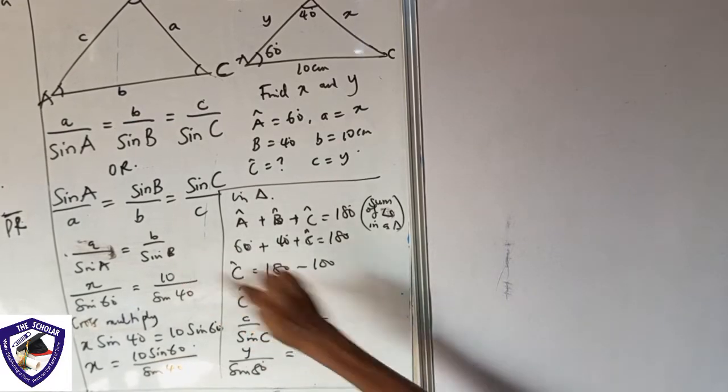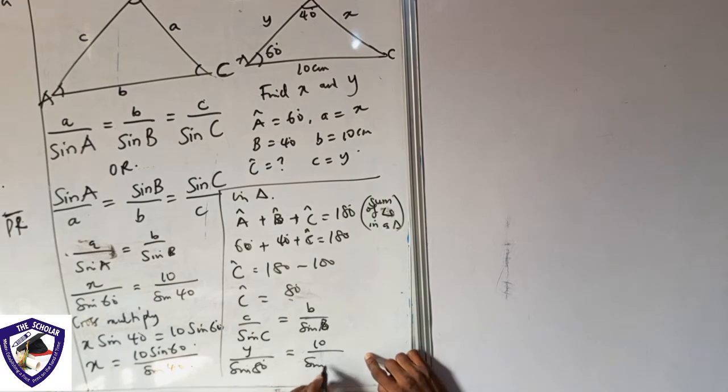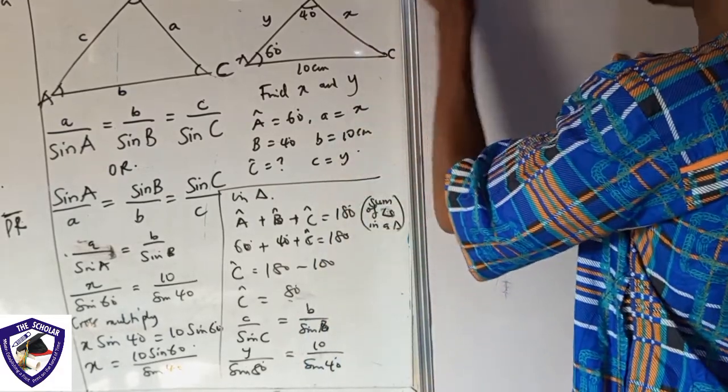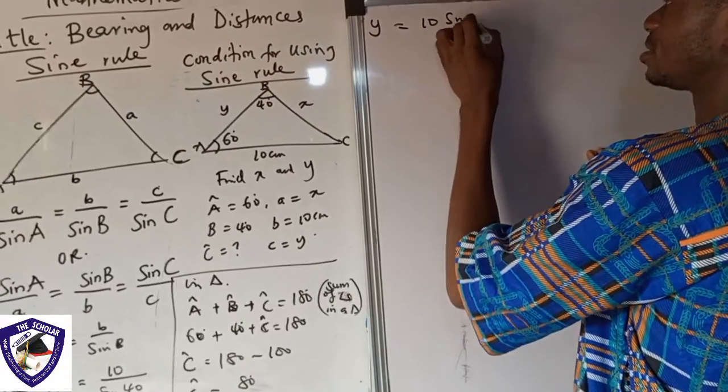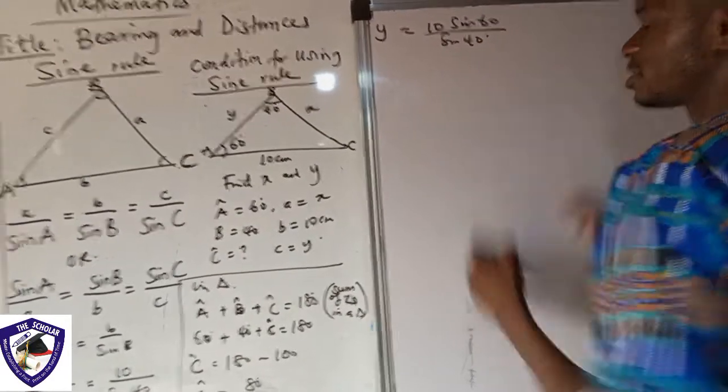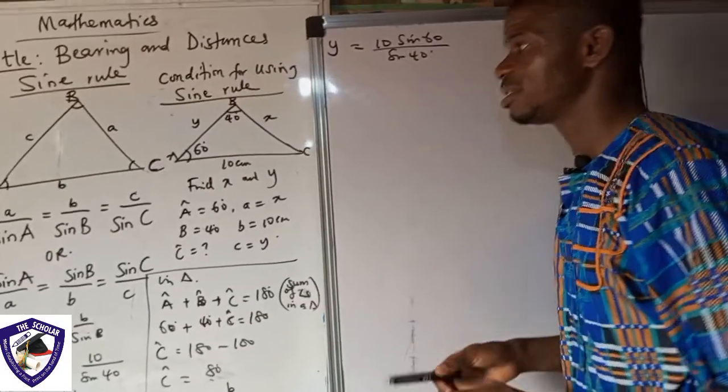So my b is 10 over sine 40 degrees. When you cross multiply here, you also get our y. So y is equal to 10 sine 60 all over sine 40 degrees. And that gives us our y as well in centimeters.